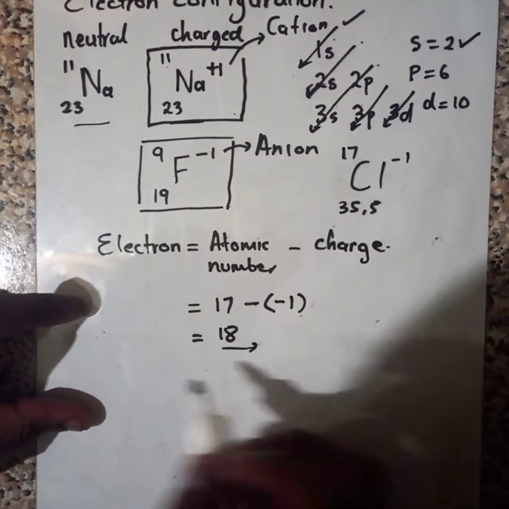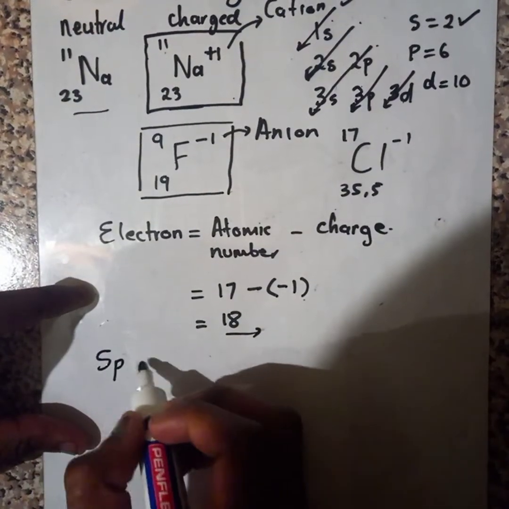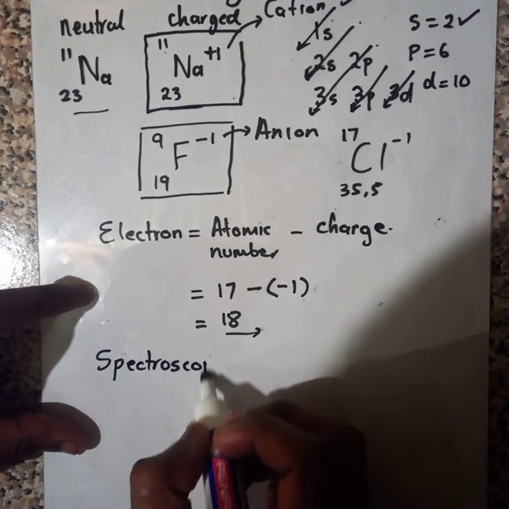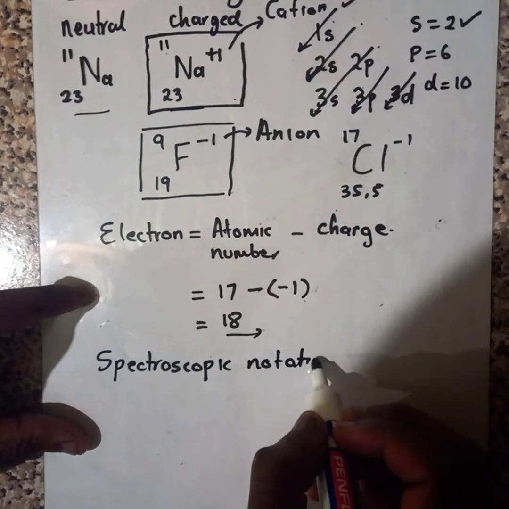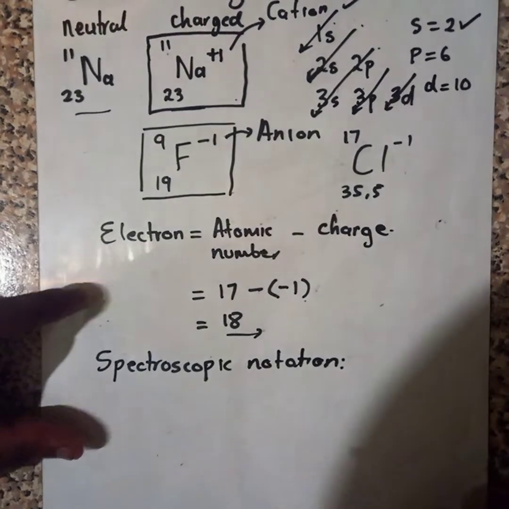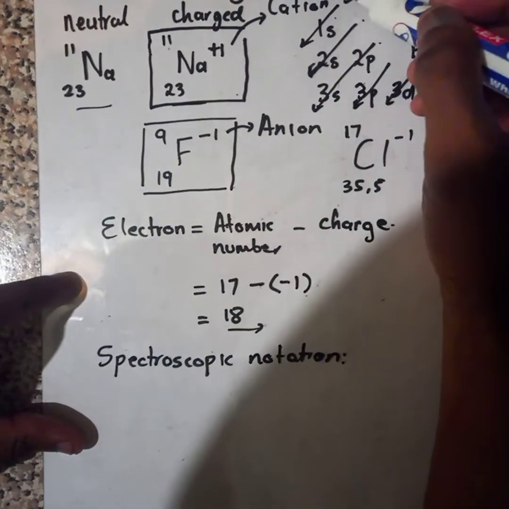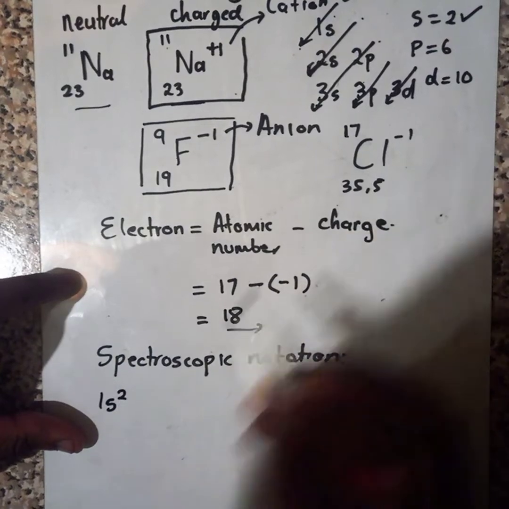Then at this point we can do our spectroscopic notation. Let's go. The first one takes 2. The first energy level takes up to 2 electrons.